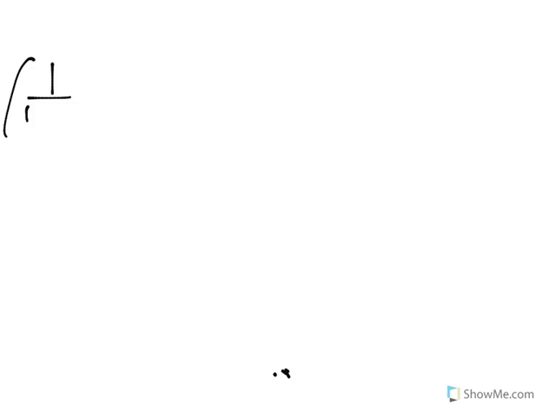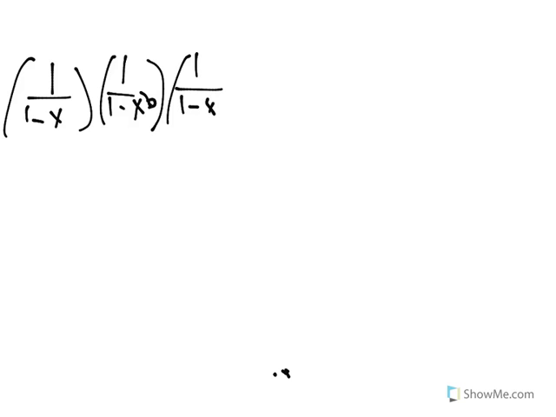1 over 1 minus x, 1 over 1 minus x squared, x to the third, 1 over 1 minus x to the 5th, going on forever. Euler says we can multiply top and bottom of this as long as we multiply by the same thing.